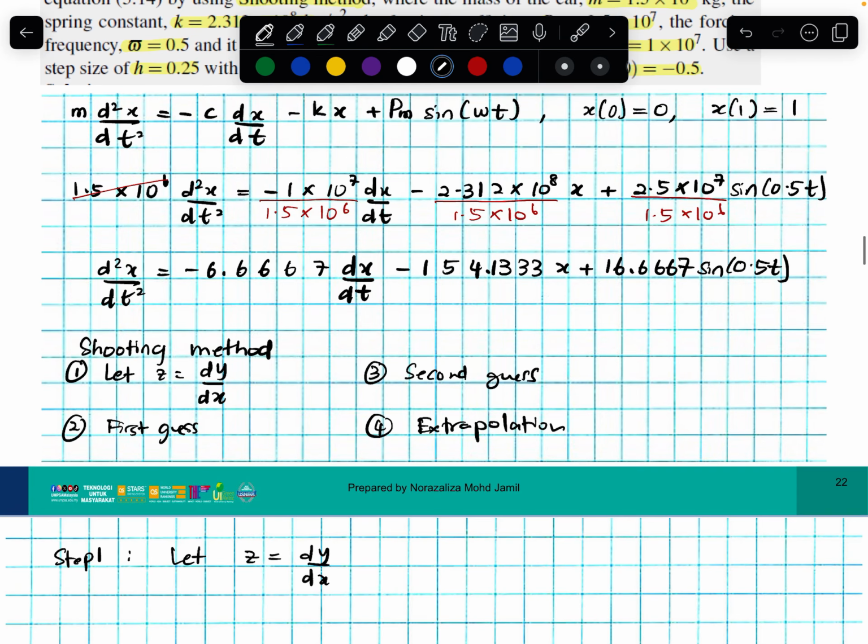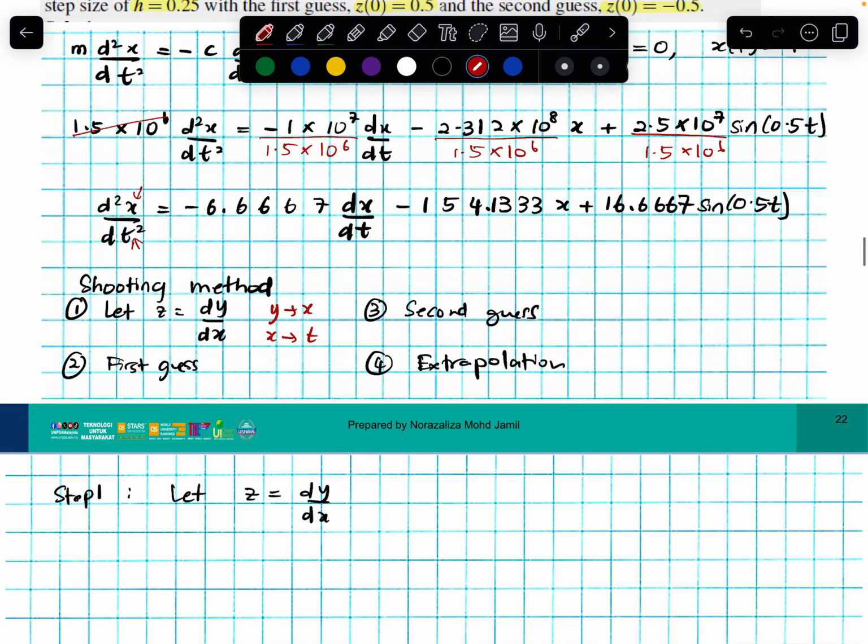Here we introduce z equal to dy/dx. But remember, our problem here is x in terms of t. So you have to know how to adapt: your y should be replaced by x, and your x should be replaced by t. That is what our parameters are in this equation.